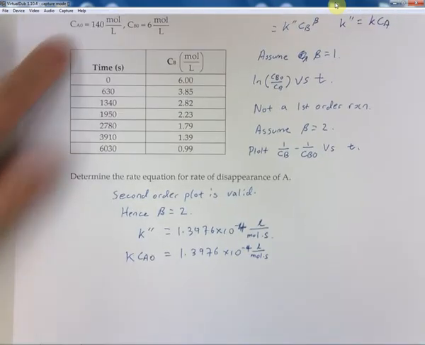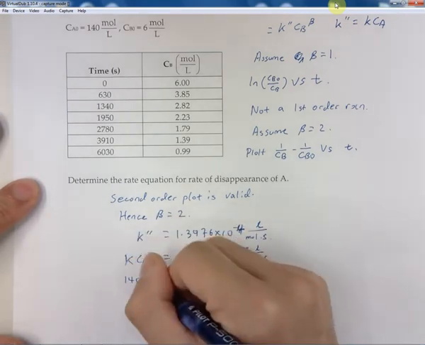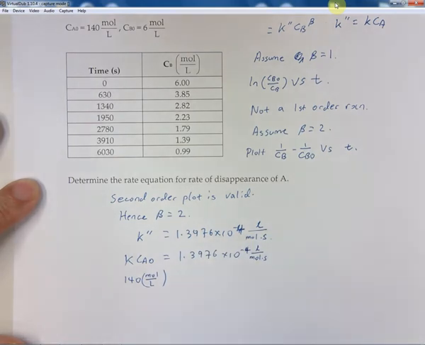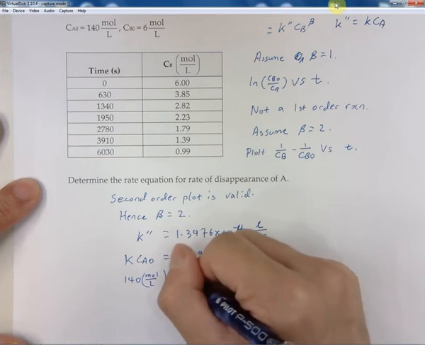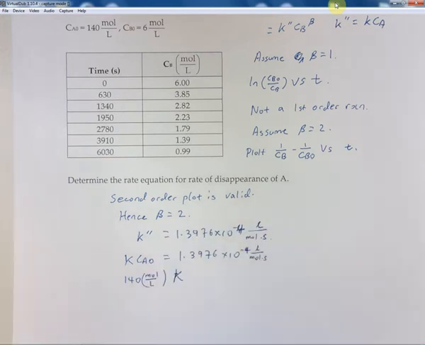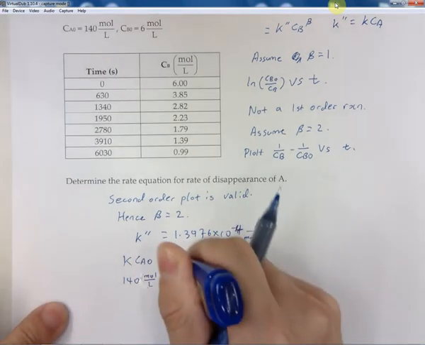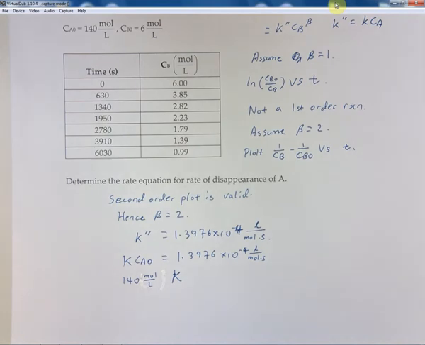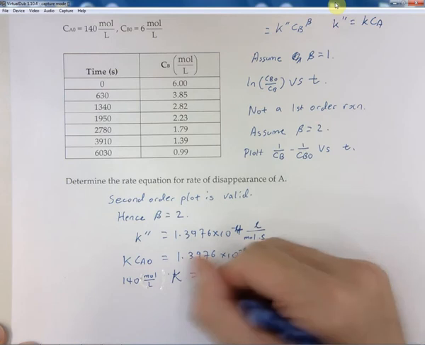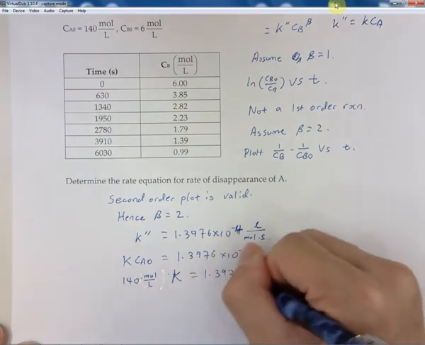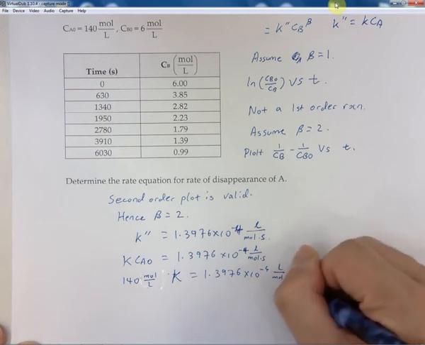Ca naught is 140 mole per liter times your k, which then equals 1.3976 times 10 to the power minus 4 liter per mole per second.